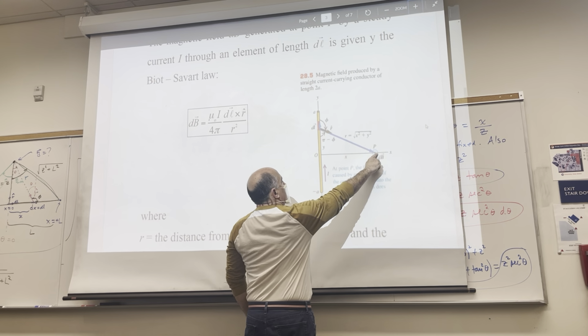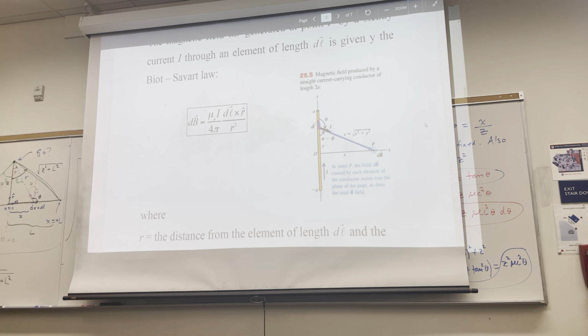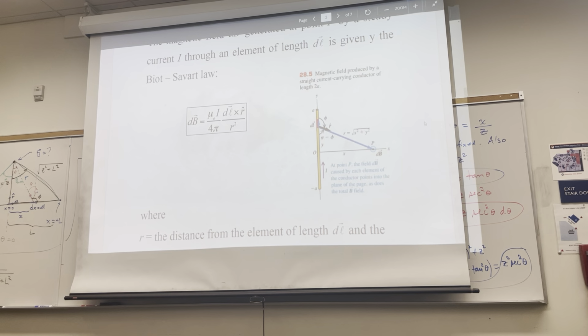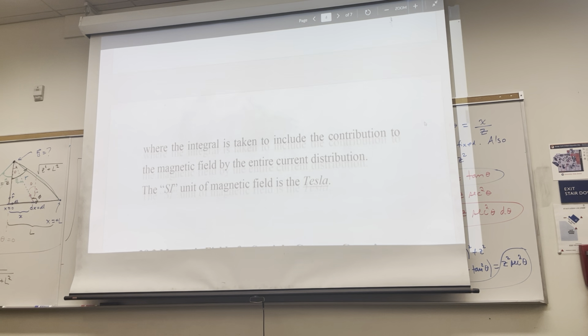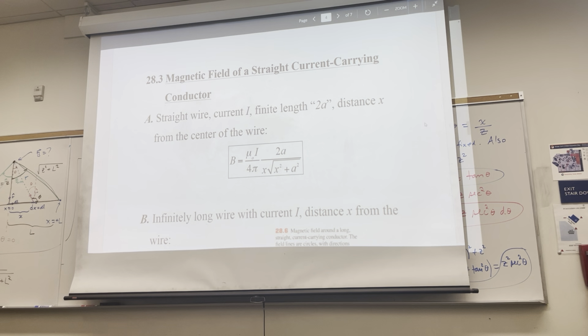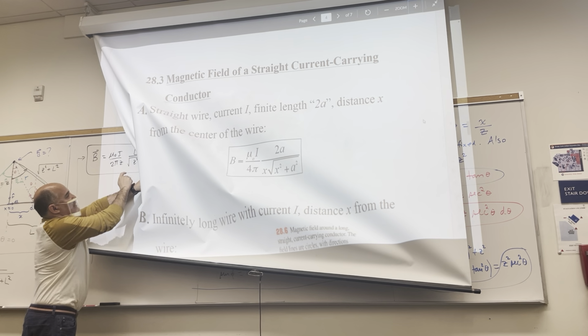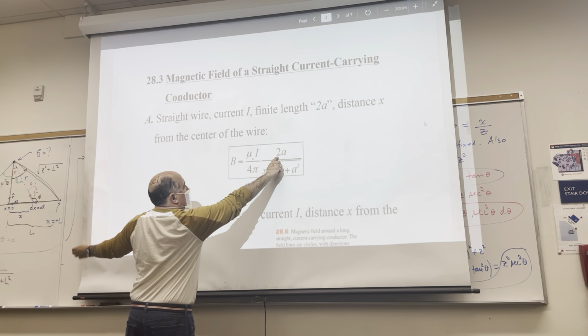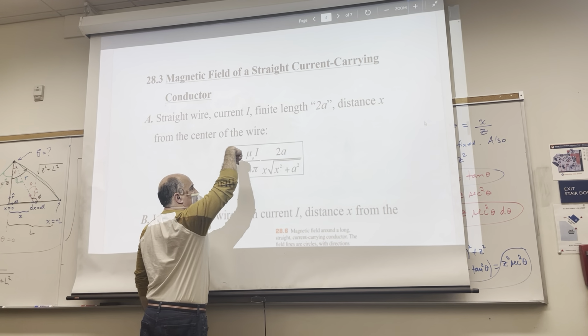This is x from the midpoint. And the result, they did this problem, right? And in the textbook, the author did it, and the result is this. We have mu naught I, and then here they have 2a over 4 pi, which would really be half the length of the wire.